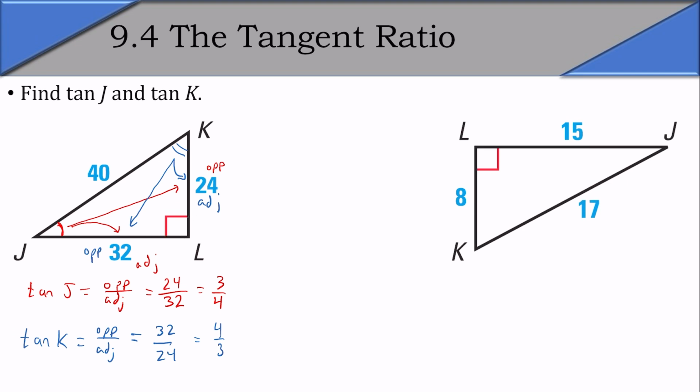Let's try another. Let's start with J. Tangent of J is the opposite over the adjacent. The opposite leg from J is 8, and the adjacent leg is 15. So it is 8 over 15.